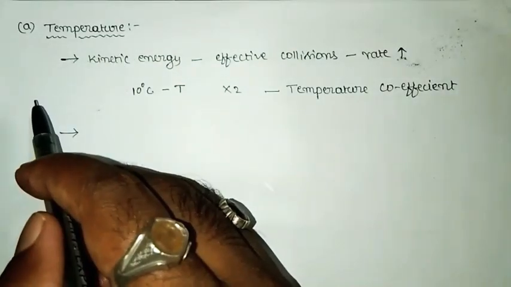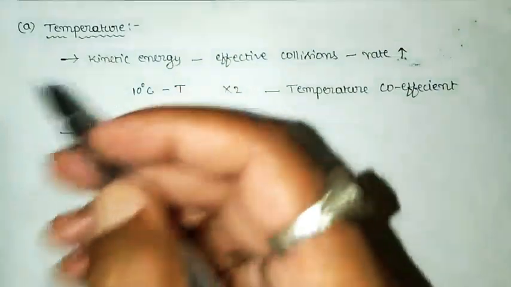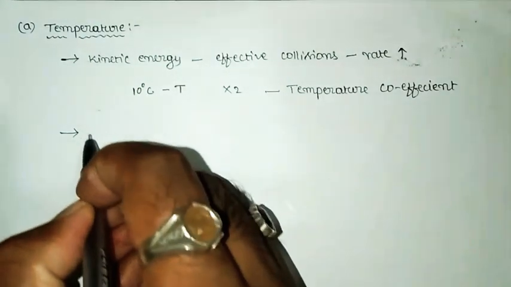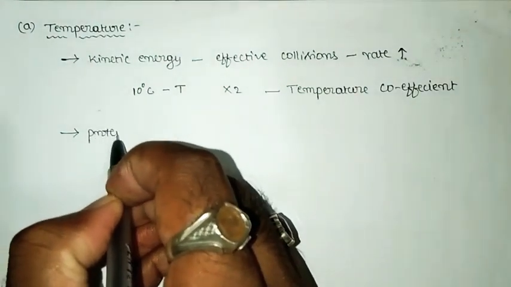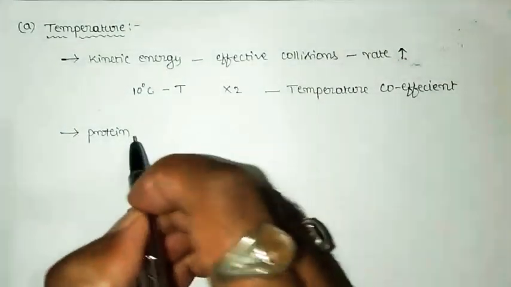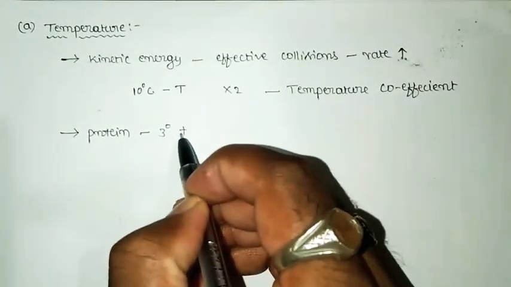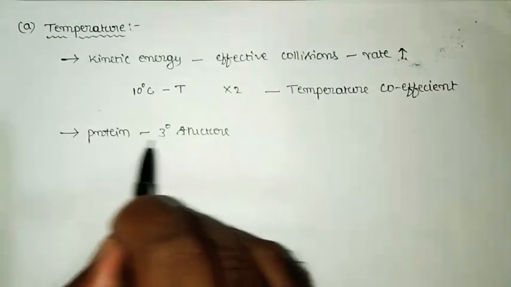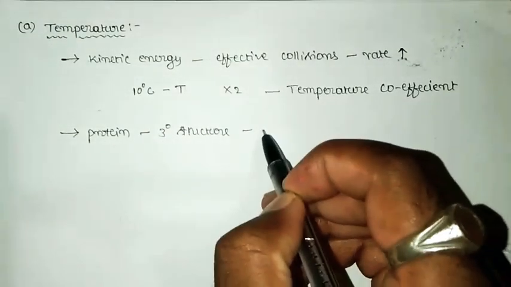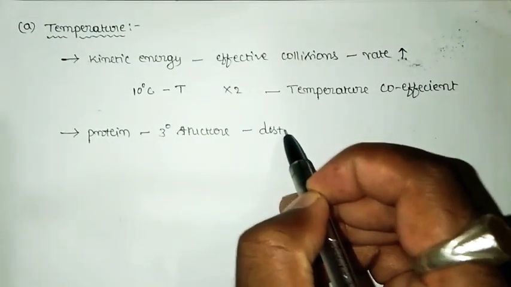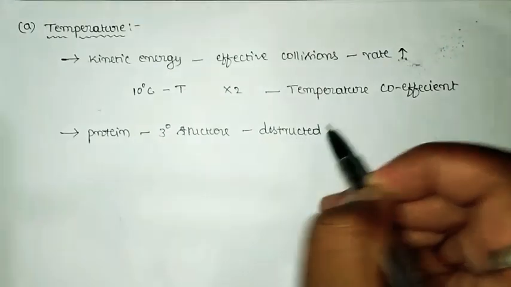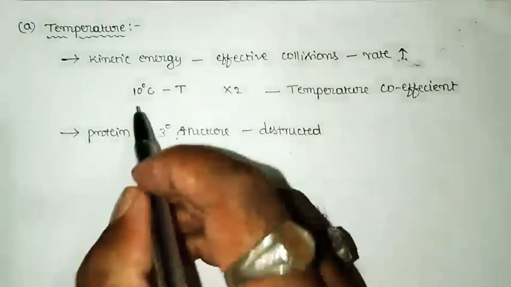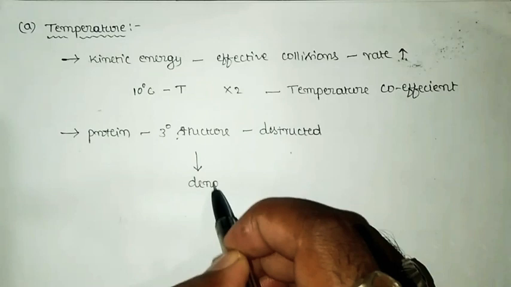That protein part, if you go on increasing the temperature beyond a certain temperature, the protein part present in the enzyme, strictly speaking, the tertiary structure of that protein, will get destroyed. And when the tertiary structure of the protein is destroyed, we say that the protein got denatured.